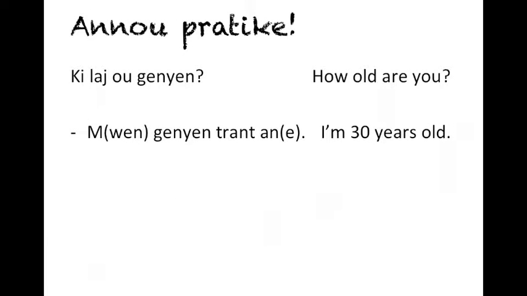Now we have a very important phrase, something that will be very useful if you're talking to your Haitian friends, hopefully close friends. So we have the question, how old are you? And to ask that question, we say, qui l'âge ou gagne? You can also just say, qui l'âge ou, without the gagne.